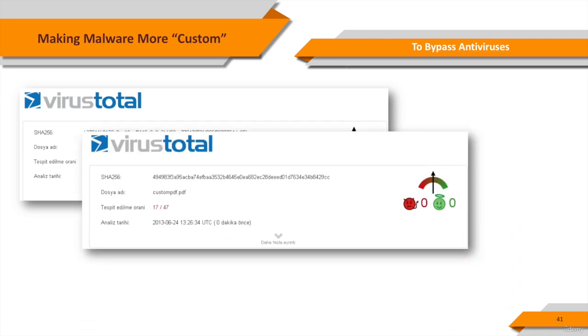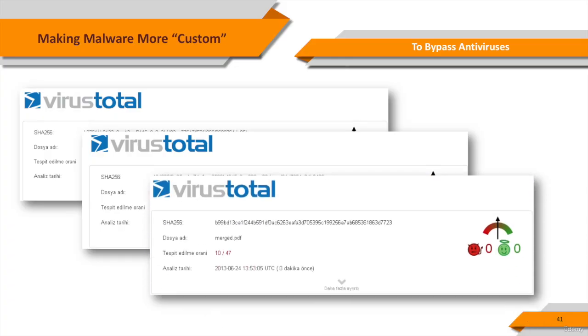In the second picture, a custom Windows/Meterpreter/reverse_https payload of Metasploit was created by Veil and embedded into the PDF file. 17 of 47 antivirus programs detected the malware. In the third picture, the document used in the second picture was merged with a clean PDF file. This time, only 10 of 47 antivirus programs detected the malware.